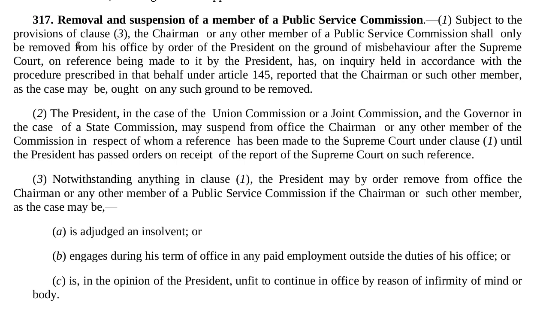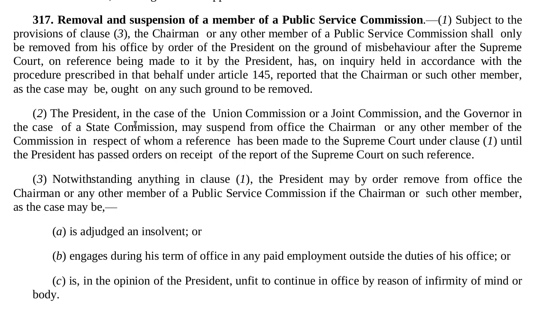Subject to the provisions in clause 3, the chairperson or any other member of the public service commission shall only be removed from his office by order of the president on the ground of misbehavior after the Supreme Court, on reference being made to it by the president, has on inquiry held in accordance with the procedure prescribed in that behalf under Article 145, reported that the chairman or such other member, as the case may be, ought on any such ground to be removed.